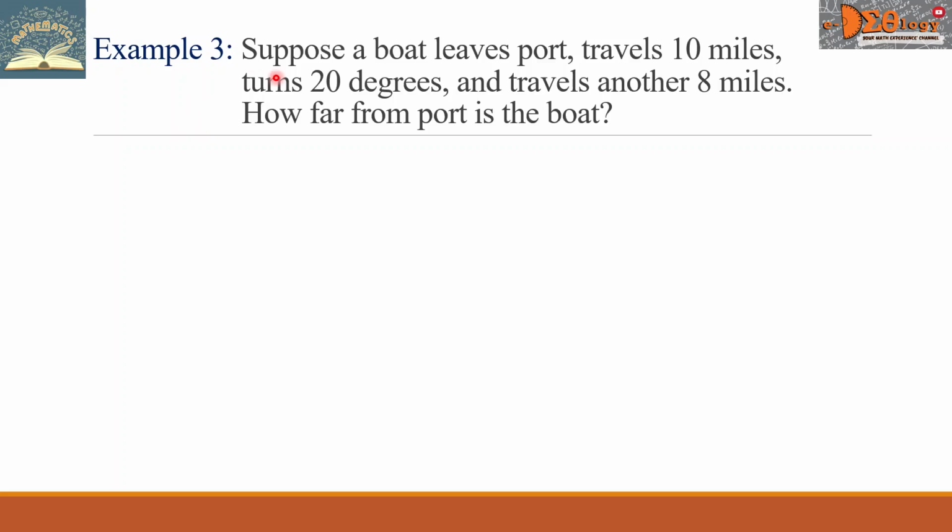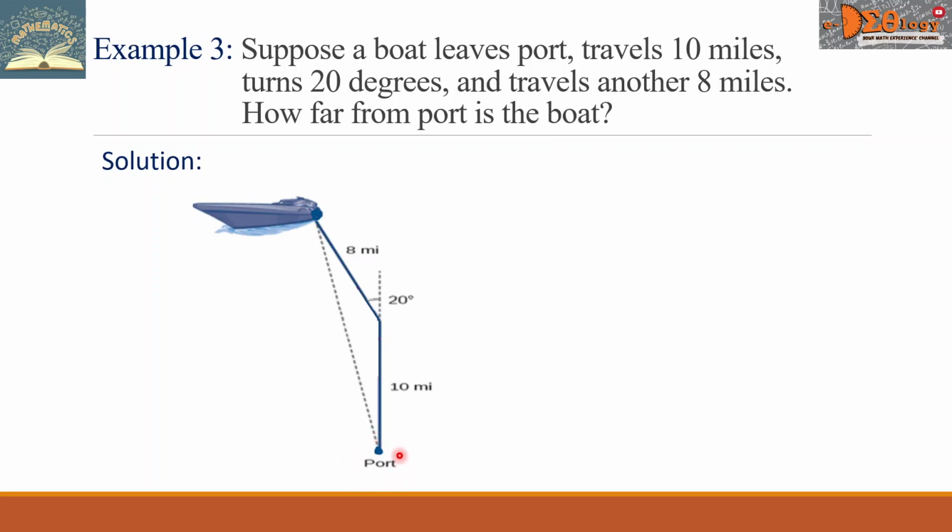Example 3. Suppose a boat leaves port, travels 10 miles, turns 20 degrees, and travels another 8 miles. How far from port is the boat? Let us try to illustrate the problem. This is our starting point.